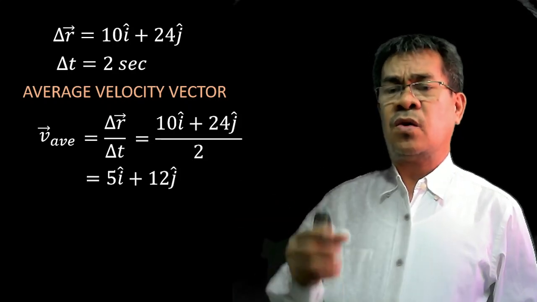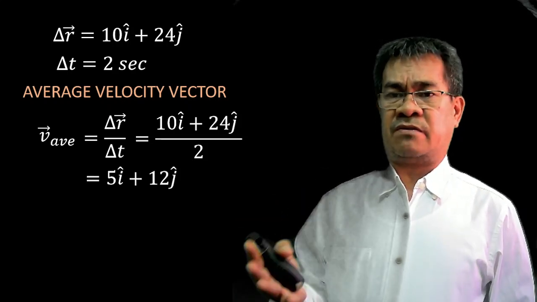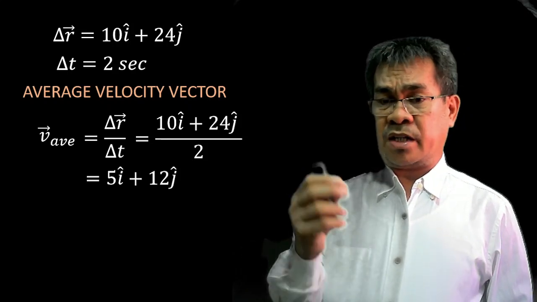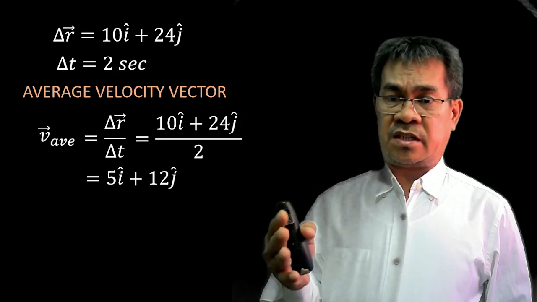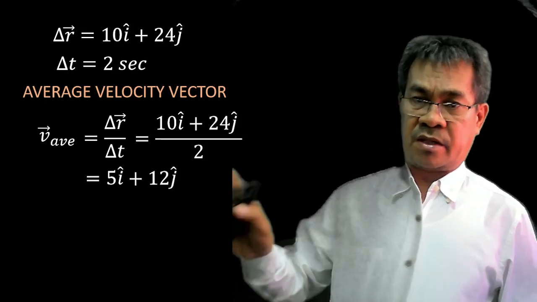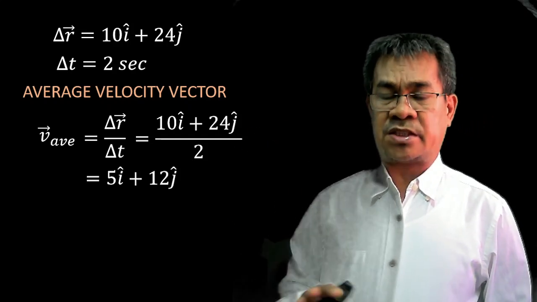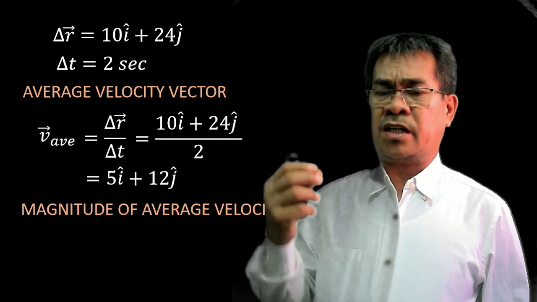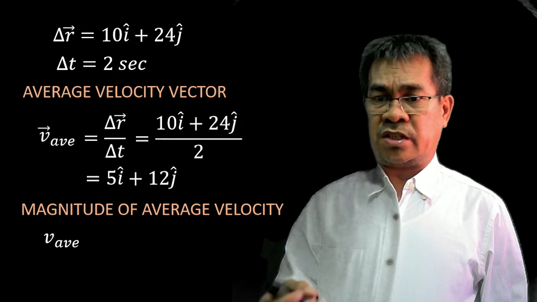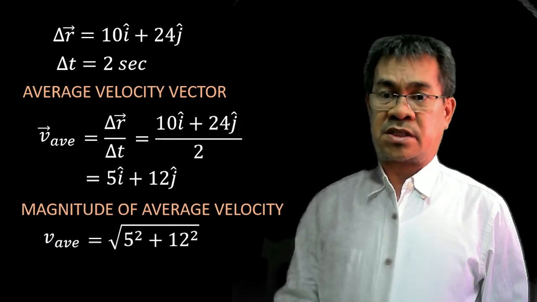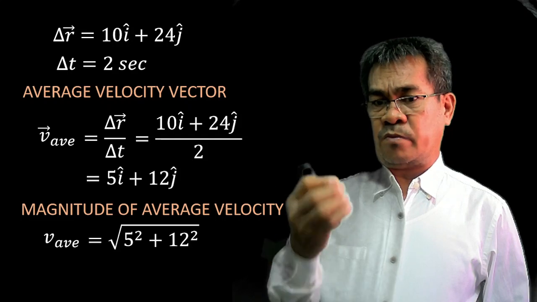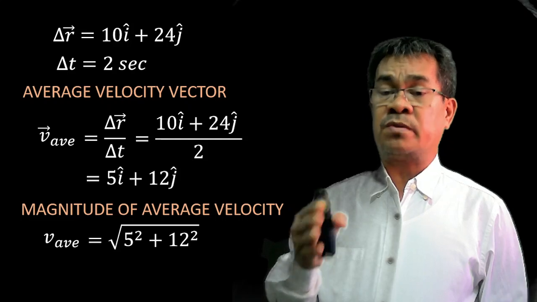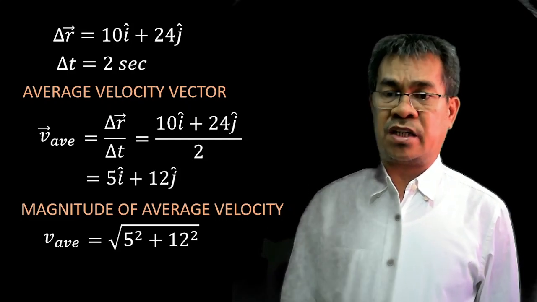Now suppose you are asked, what is the magnitude of this? Remember that average velocity is a vector. So we can provide the magnitude of that velocity using our previous topic on vector analysis. Calculating the magnitude of the average velocity, we use the square root of the sum of the squares of the components, which is the magnitude of the vector.